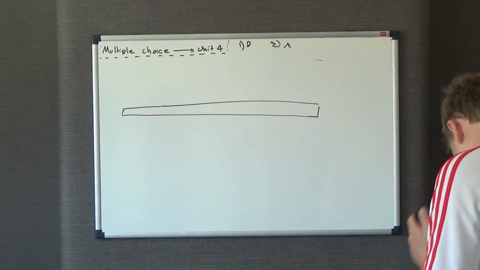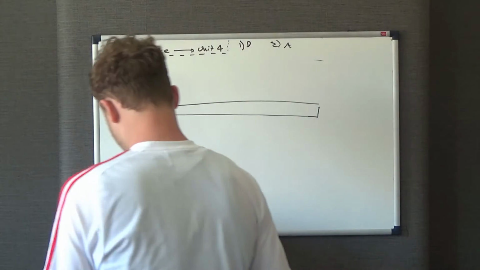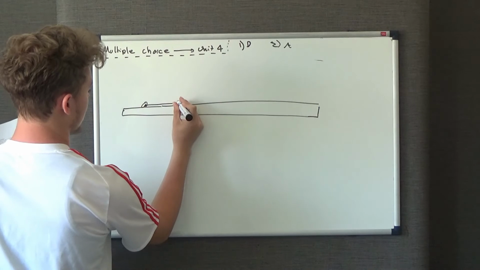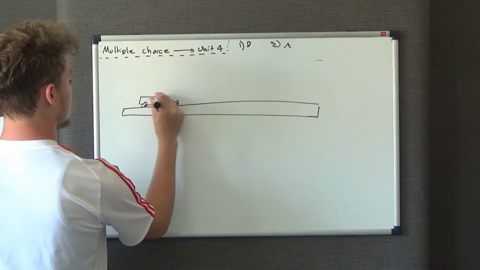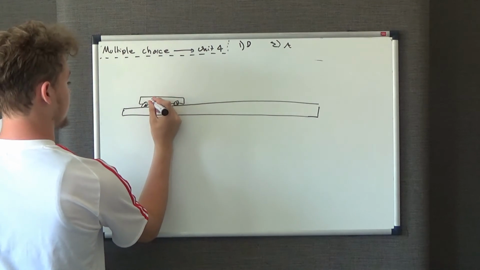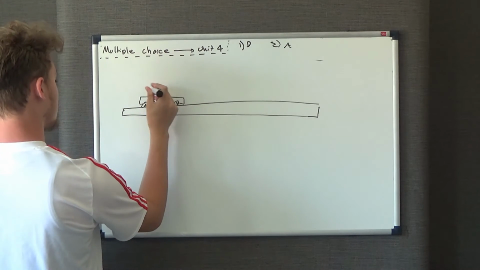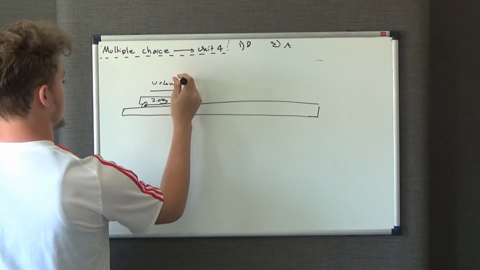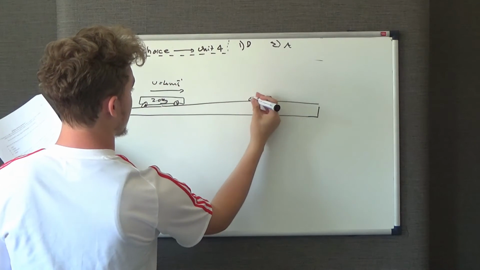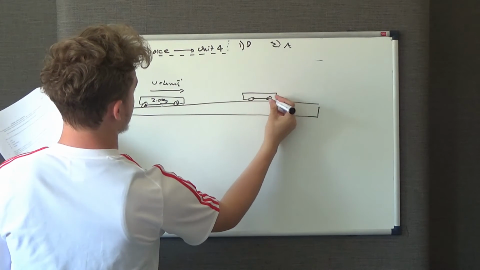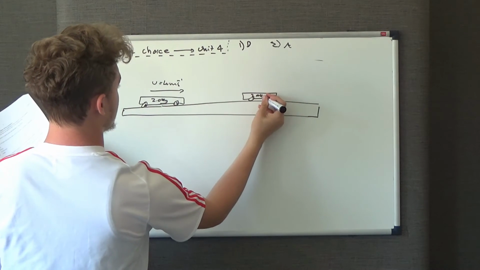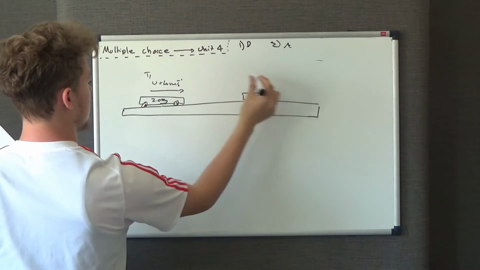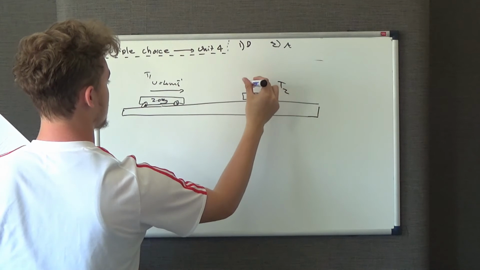Right, okay, so we've got 2 trolleys here. Trolley 1 has a mass of 2 kilograms, and they both have a mass of 2 kilograms actually. Trolley 1 is initially moving towards the other 2 kilogram trolley, which we label as T2, but this one is at rest.